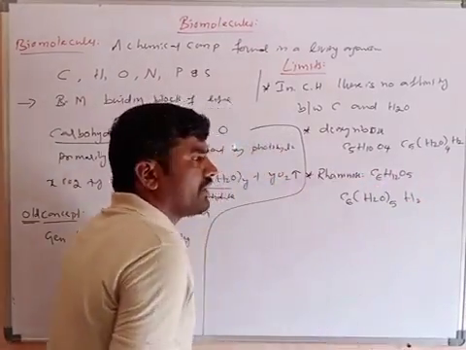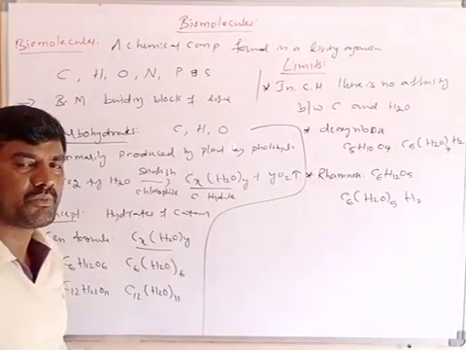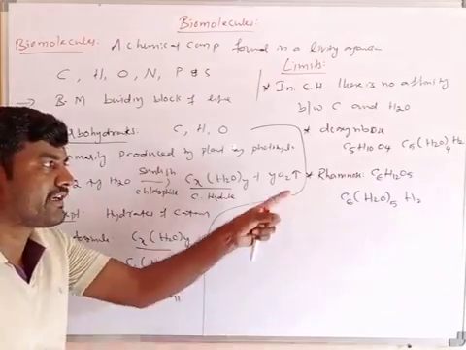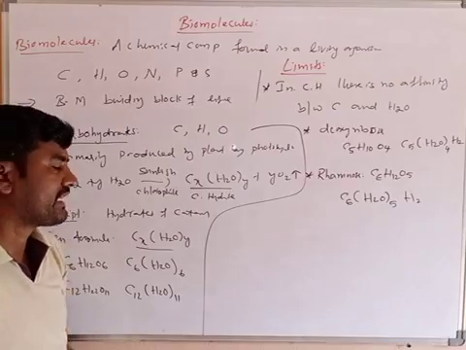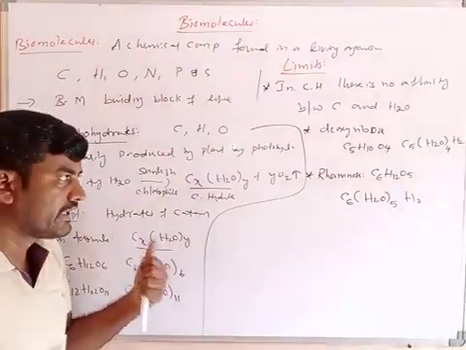So this also does not obey the general formula. But they are carbohydrates, not hydrates of carbon. Deoxyribose and rhamnose do not obey the general formula. This is the second demerit.